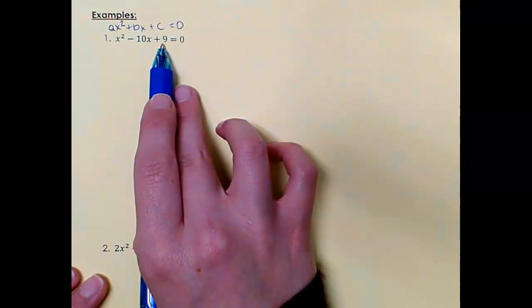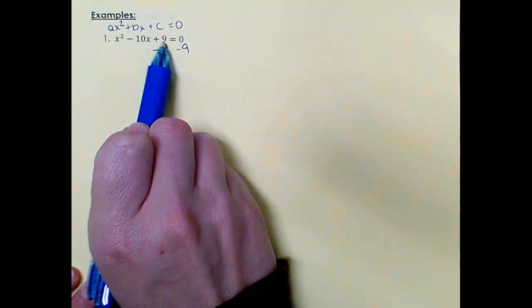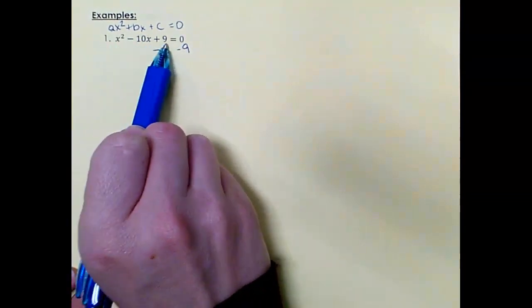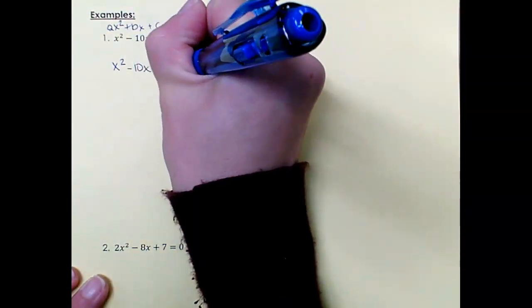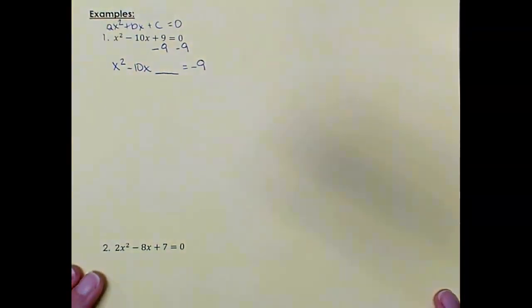But I need it out of the way. And the reason I need it out of the way is so that I have a blank space to add my new constant to have a perfect square trinomial. So I have x squared minus 10x. I'm going to have some other constant here, but then it's going to equal 0 minus 9. So negative 9. I moved that over to the other side. So I have moved my constant.